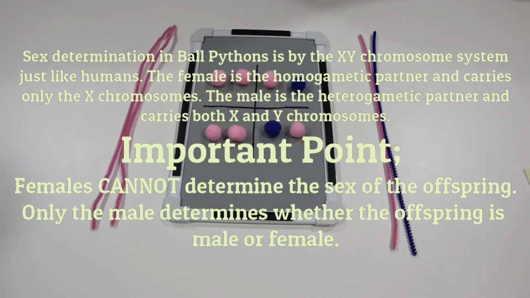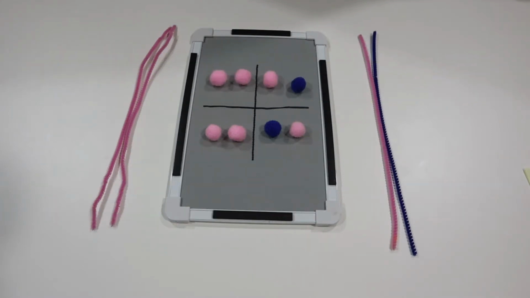So in this sexual relationship, exactly as with humans, it is the male that determines the sex of the offspring in ball pythons. The eggs are asexual and the sperm carries either the X chromosome or the Y chromosome, and it's the Y chromosome that makes the offspring male.